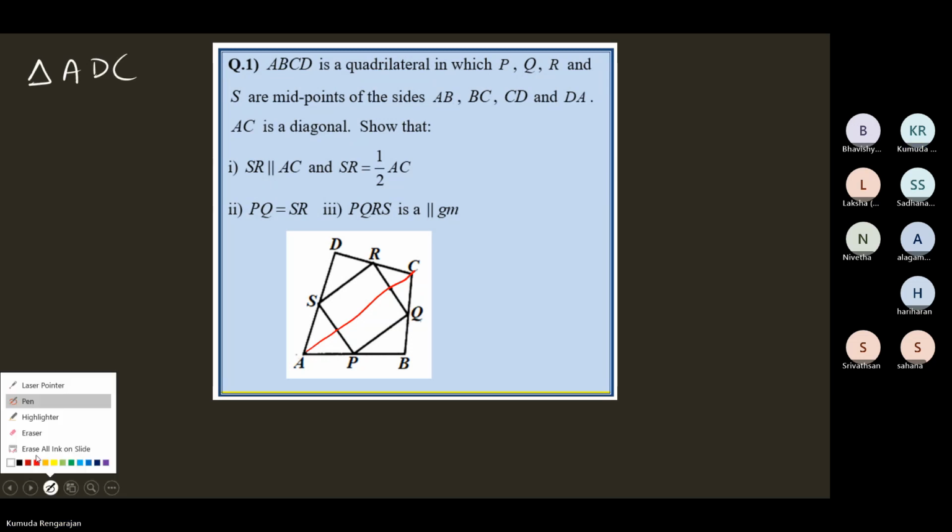Okay, now in triangle ADC, we know that S is the midpoint of AD, R is the midpoint of CD.